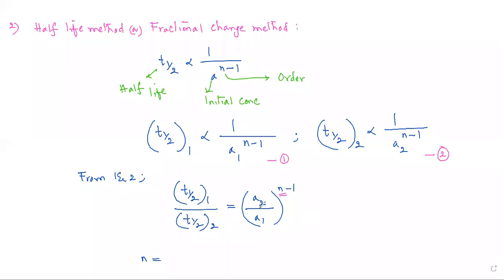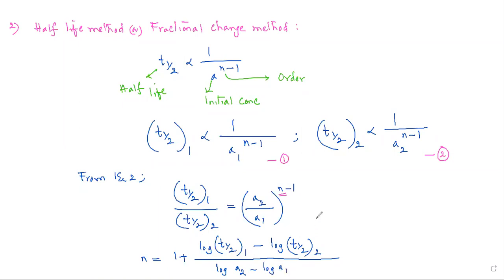After that, it can be written as n is equal to 1 plus log T half in the first case minus log T half in the second case, by log A2 minus log A1.